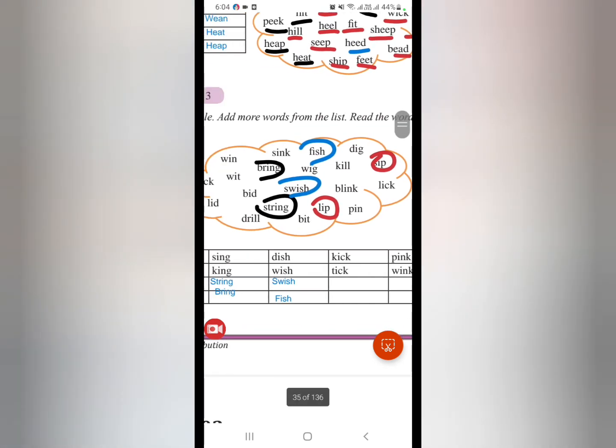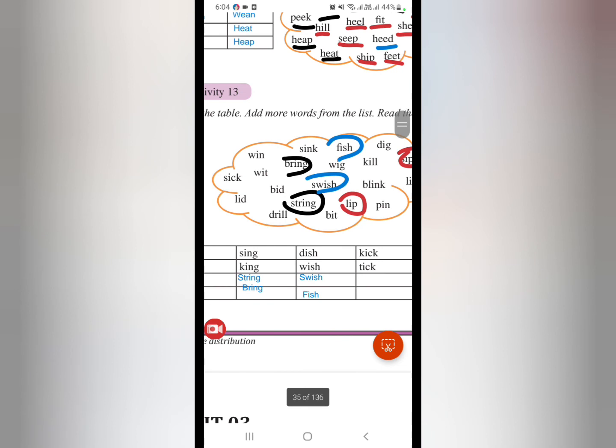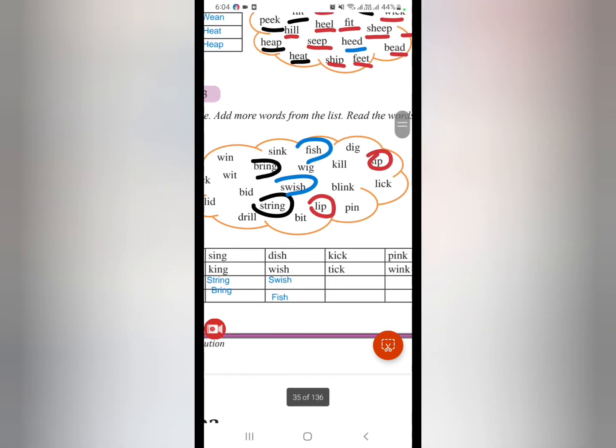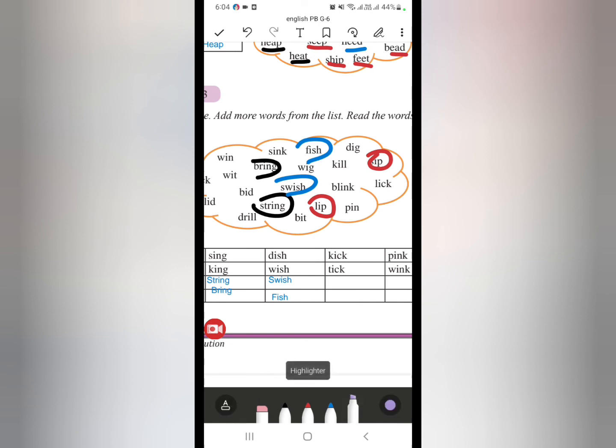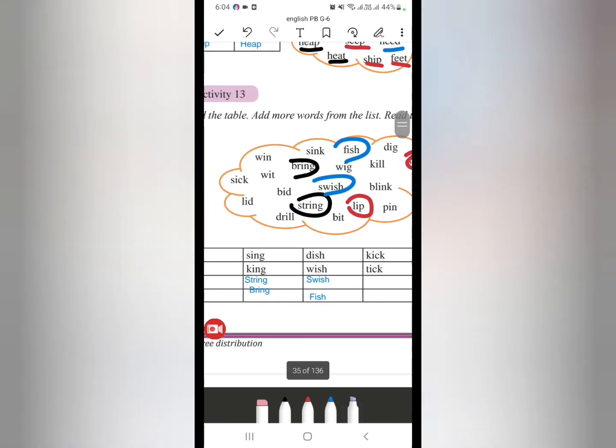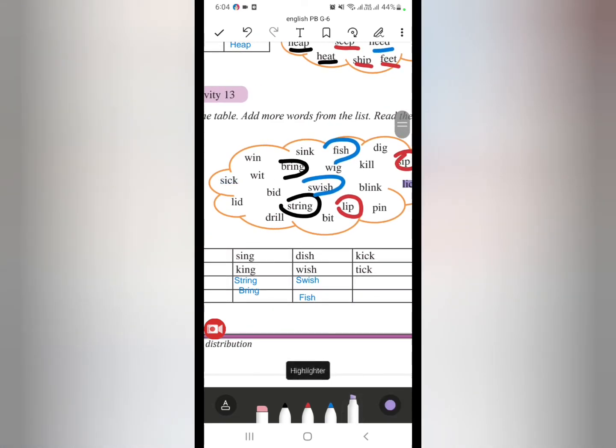Okay, now kick, tick, the words which finish with c and ck. Lick, sick.